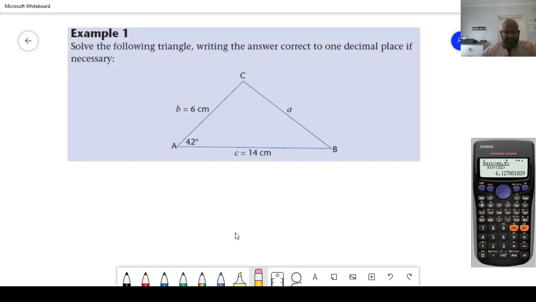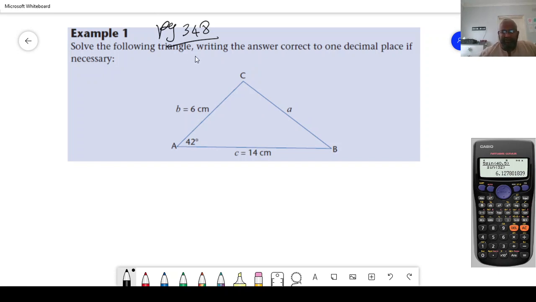Just to give you a reference here. The question says solve the following triangle. Write answer correct to one decimal place if necessary. Okay. So to solve the triangle, we must calculate all the unknown angles and all the unknown sides.